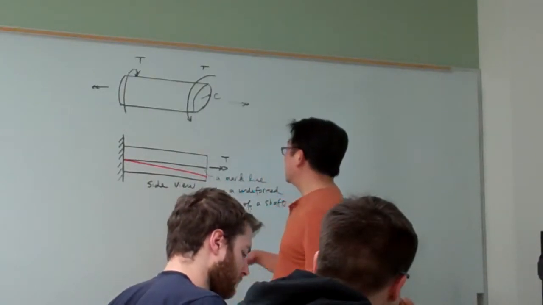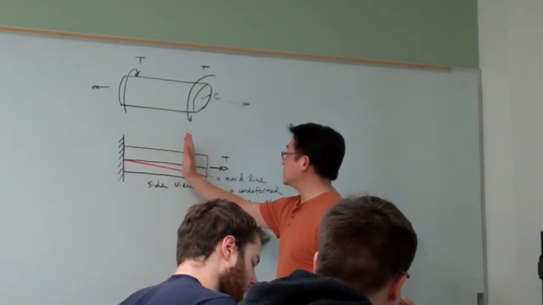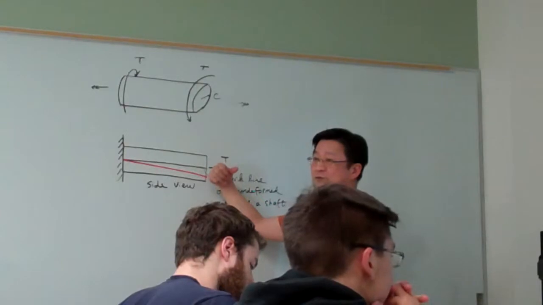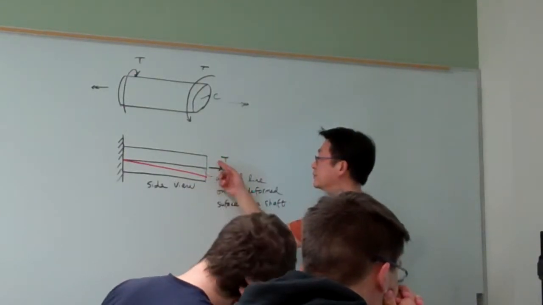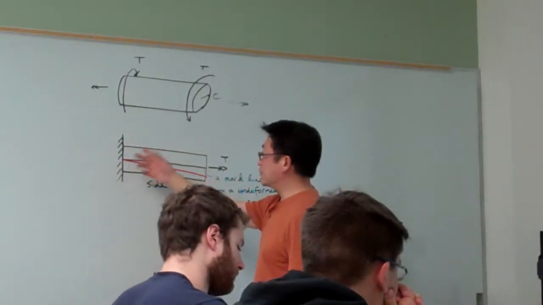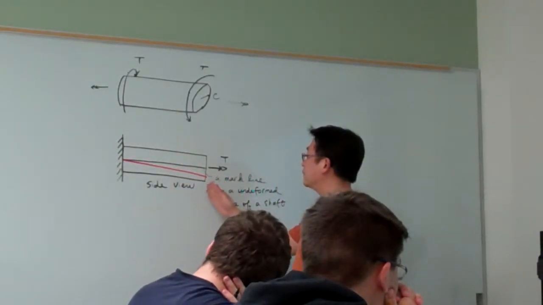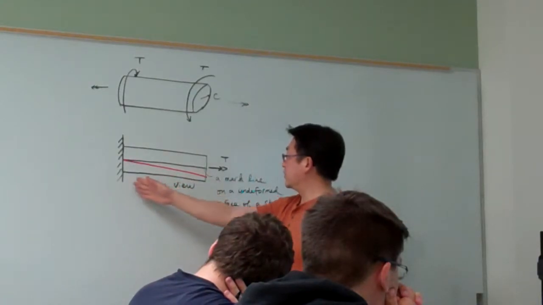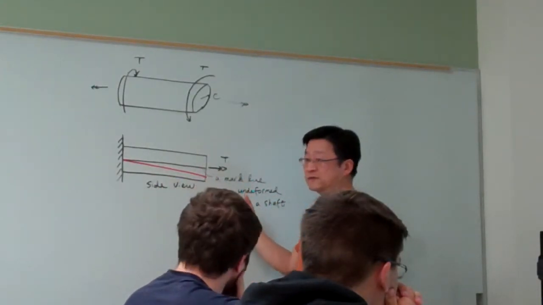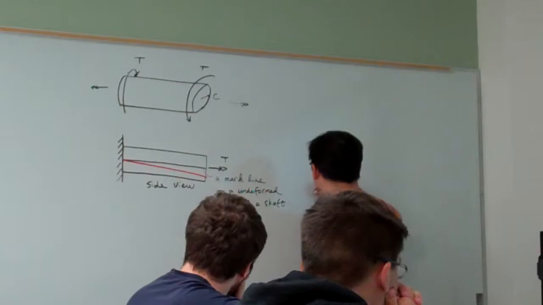So from here you can see every cross section remains a rigid body rotation due to this torsion, and this side is constrained without any rotation. That means the farther away from the constrained side, the more it is moved.